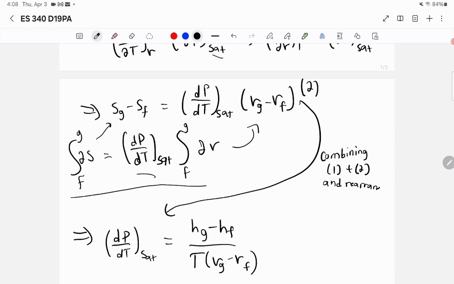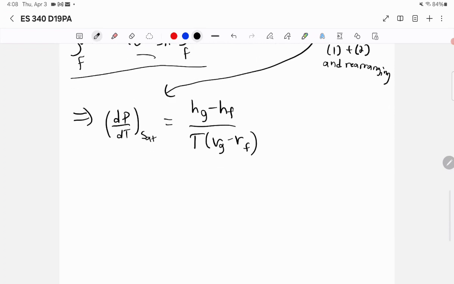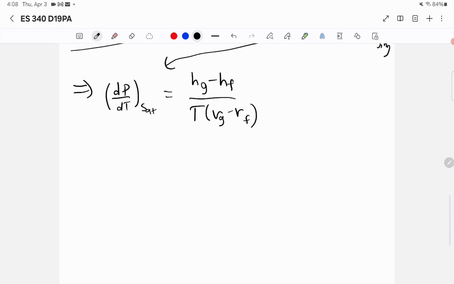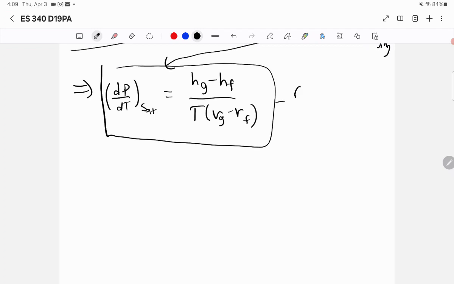And I'll let you do that part because that's simple enough. But if I combine 1 and 2 and I rearrange, this is the equation that I get, and this is the Clapeyron equation.